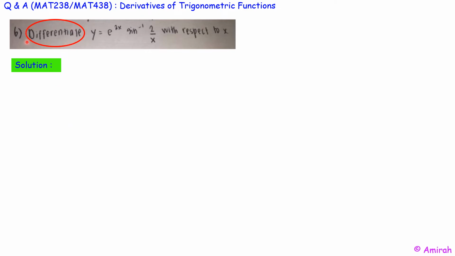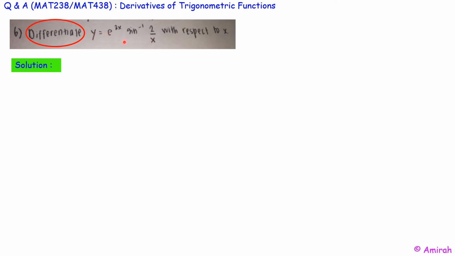Since the word here is differentiate, we need to use the product rule because this is a multiplication operation, the product of e to the power of 2x and inverse sine 2 over x. When we use the product rule, we need to identify which function is u and which is v.